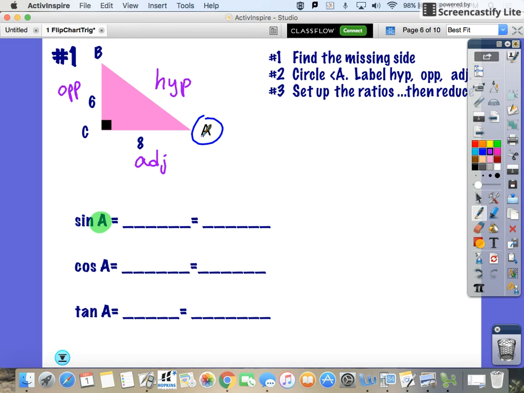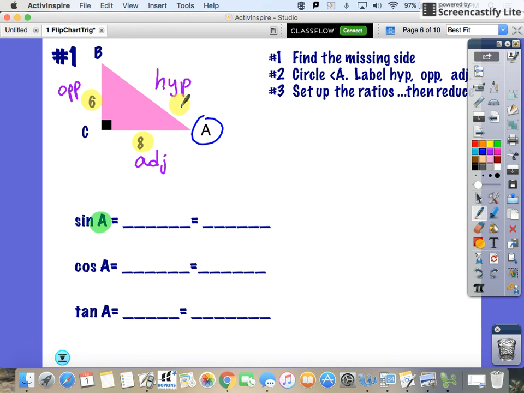So we need to find the missing side, which means we need to find the hypotenuse. If you've been in class, you know I've been talking about what's called a 3, 4, 5 triangle. So what I notice is that this is a multiple of 3, this is a multiple of 4. This one's 3 times 2, 4 times 2.